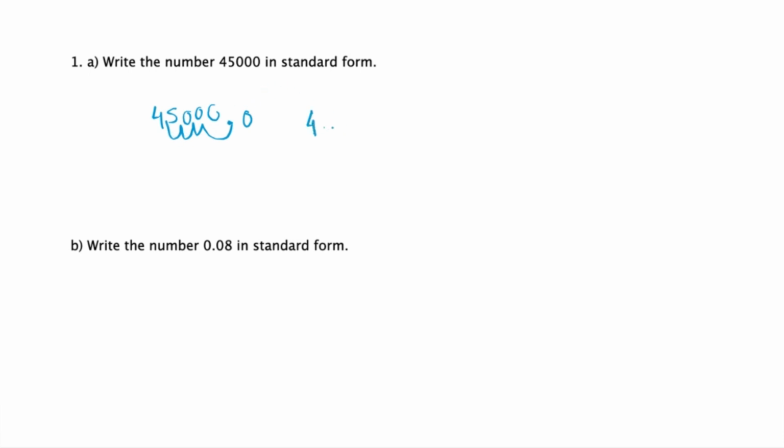Then the decimal place, which is between 4 and 5, as shown here, this will make 4.5, and then times 10 to the power of the number of times the decimal place has moved. So 1, 2, 3, 4. 10 to the power of 4. Yes, it's really that easy. That's all you have to do, and then you've got your answer. Sorry, my drawing's just awful today.